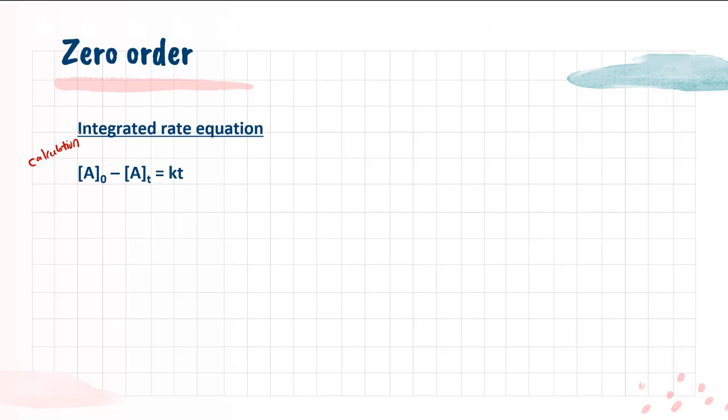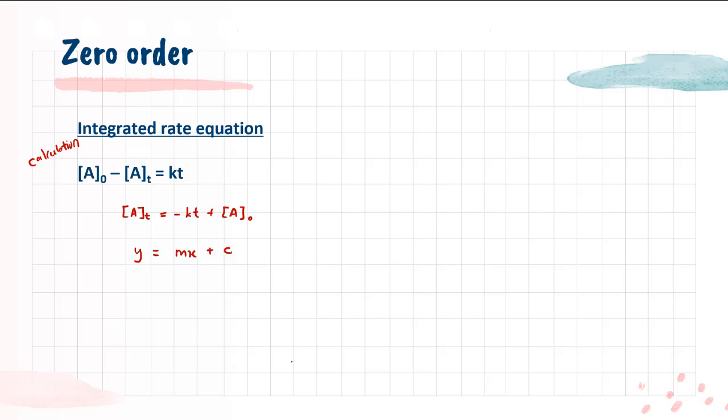For this integrated rate equation, we can also use it to plot a graph. We rearrange it to make the concentration at time t the subject, which is your y-axis, equals negative kt plus A naught, the initial concentration. So we get y equals mx plus c.